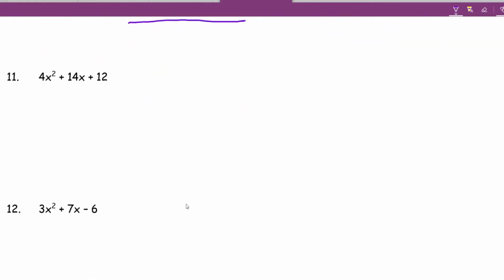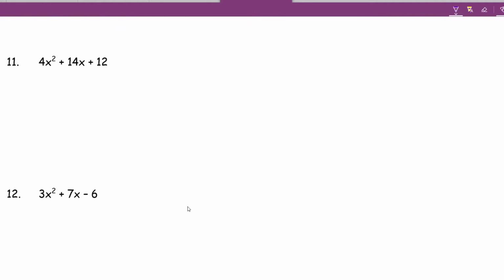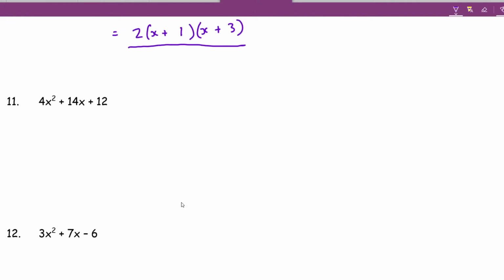Okay, let's look at a couple of these where the coefficient is not 1. Again, the coefficient is not 1 here. So first thing first, we can take the common factor out, which will be 2, the highest common factor.